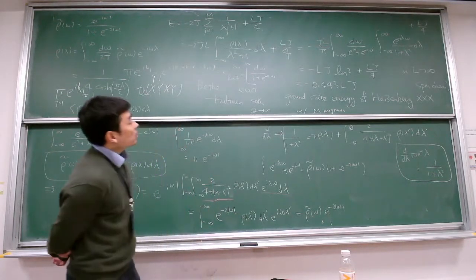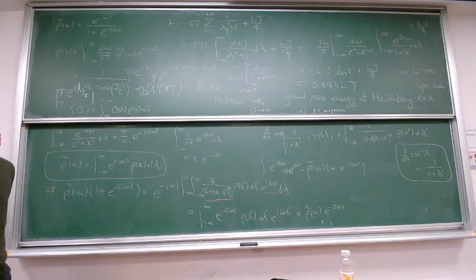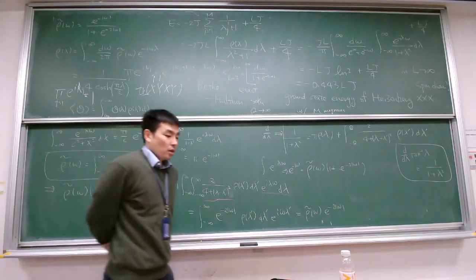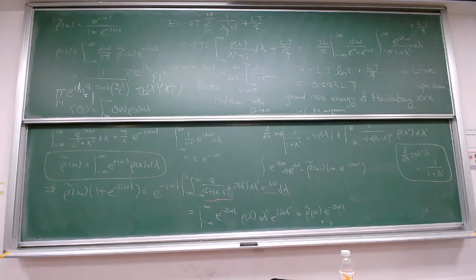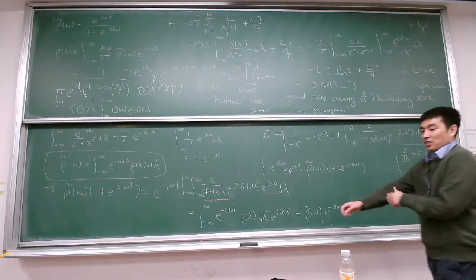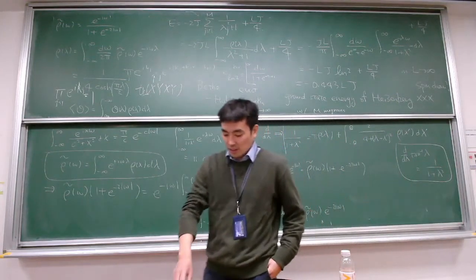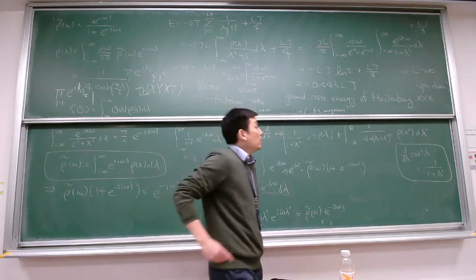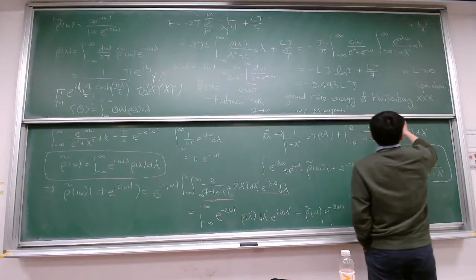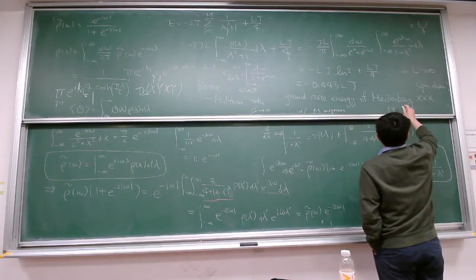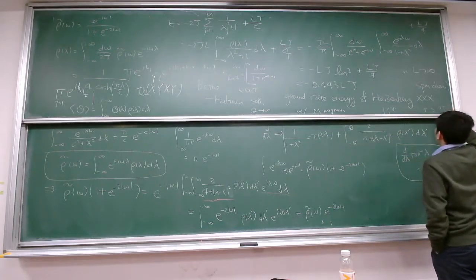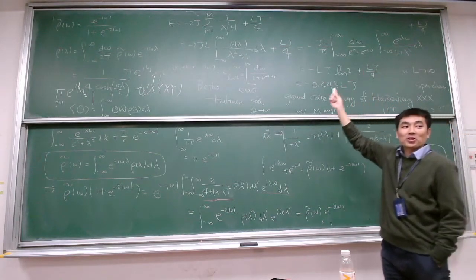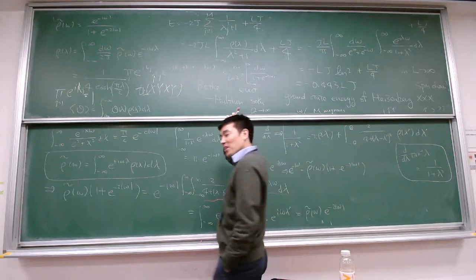Let me go back to the contents. There is a good question by him. He asked me the following: the ground state can always be like all spins up, right? So why do we need to do this kind of computation? That's his question.